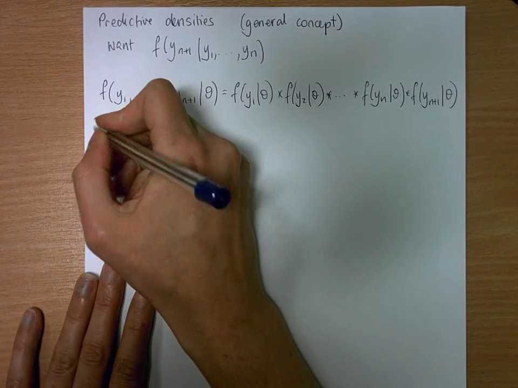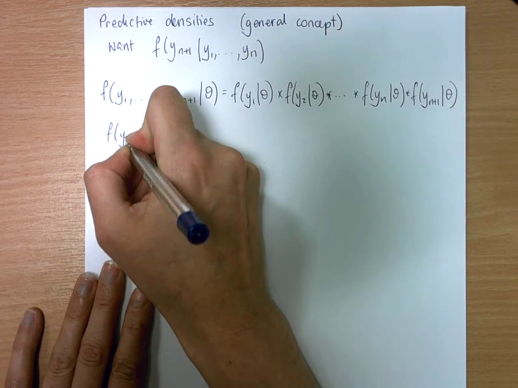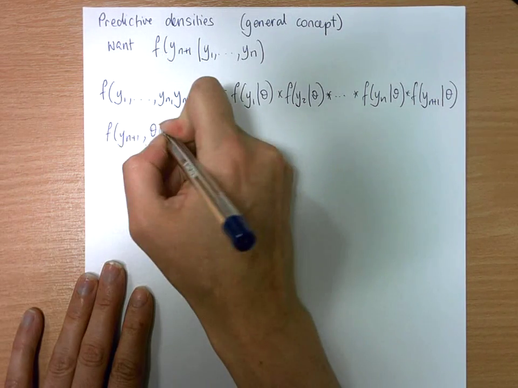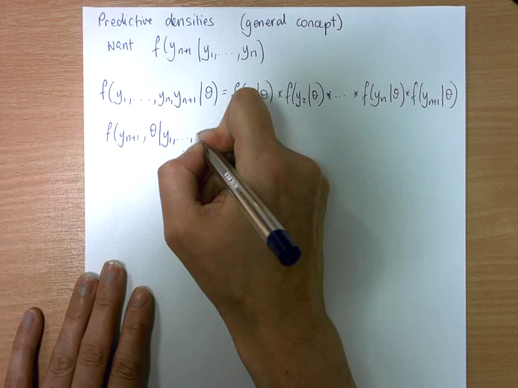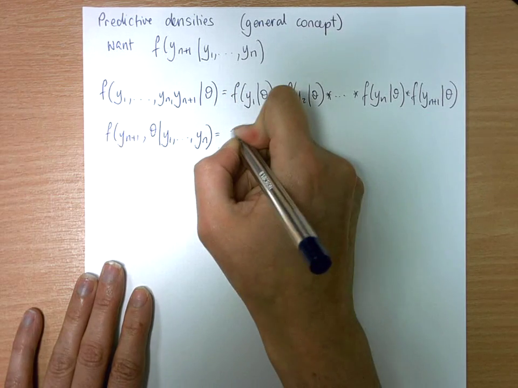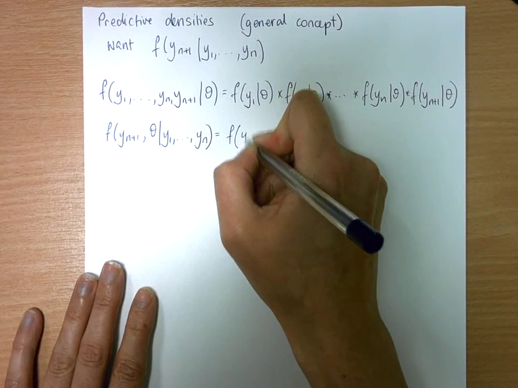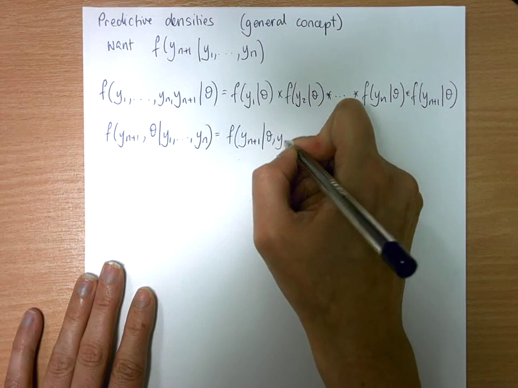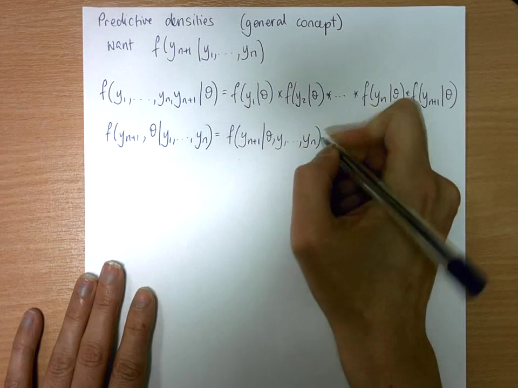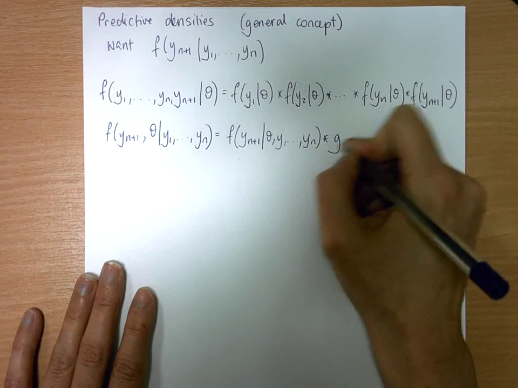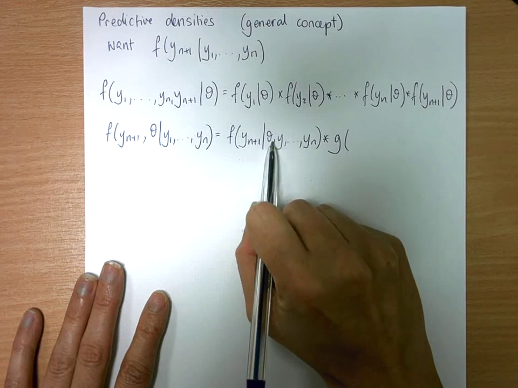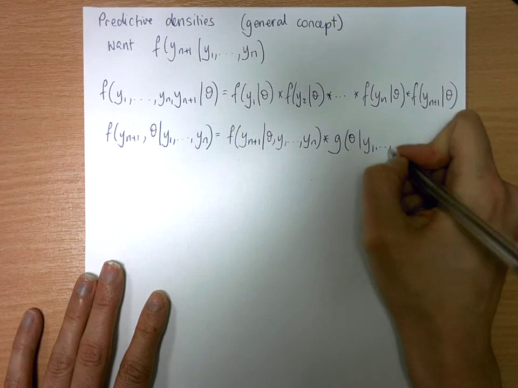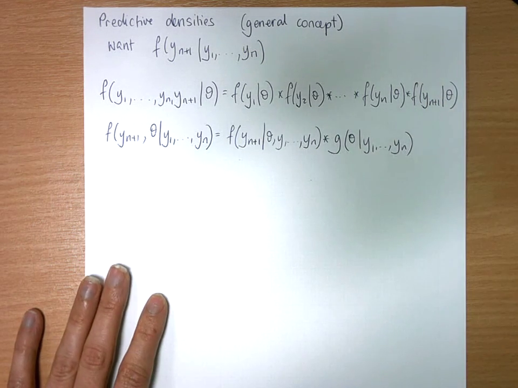Now we would also think of f of our new observation y_{n+1} and our parameter given our data as the distribution of the new observation given the parameter and the previous data, times the posterior distribution, which is g of theta given our previously observed data.